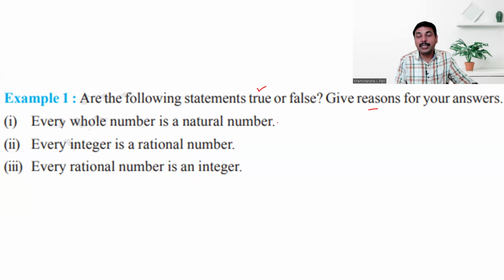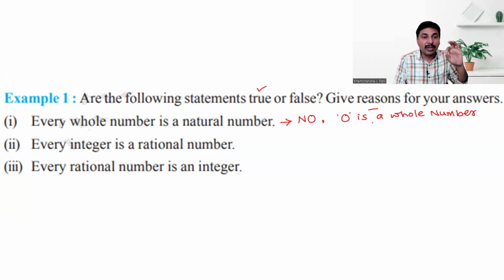Every whole number is a natural number. So your answer should be no. Because what comes in whole numbers? 0 is a whole number, but it's not a natural number.